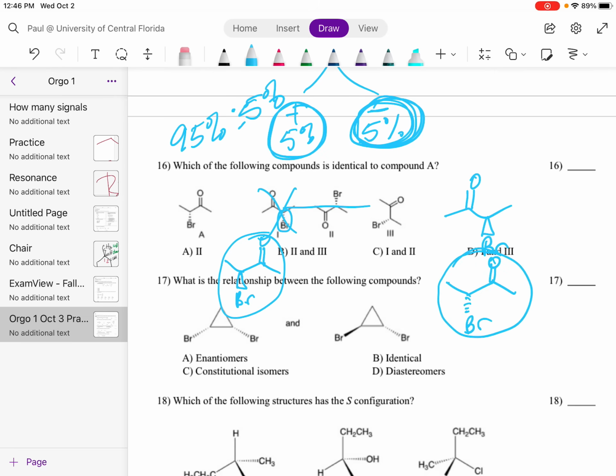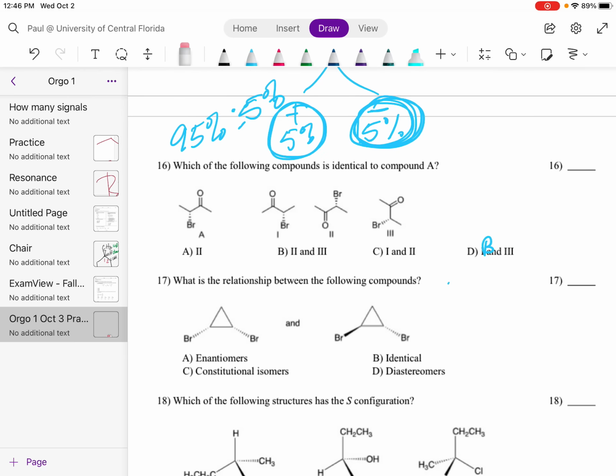And now you can see that that molecule right there will superimpose directly upon A. So we've learned that molecule 2 right there is identical to molecule A.